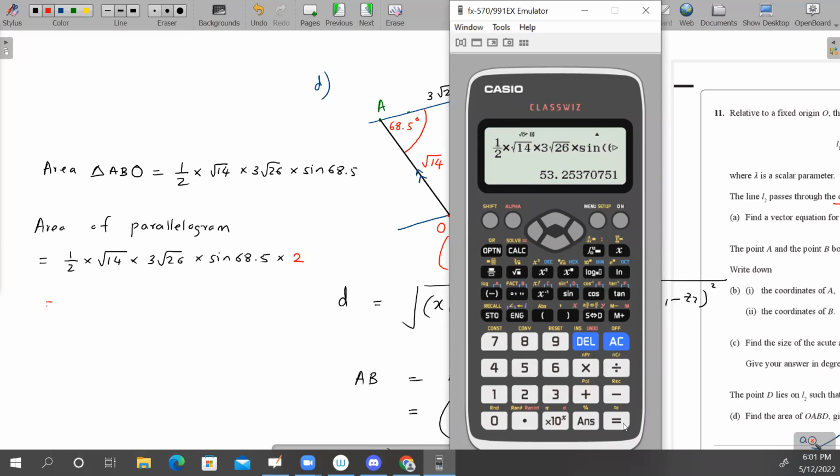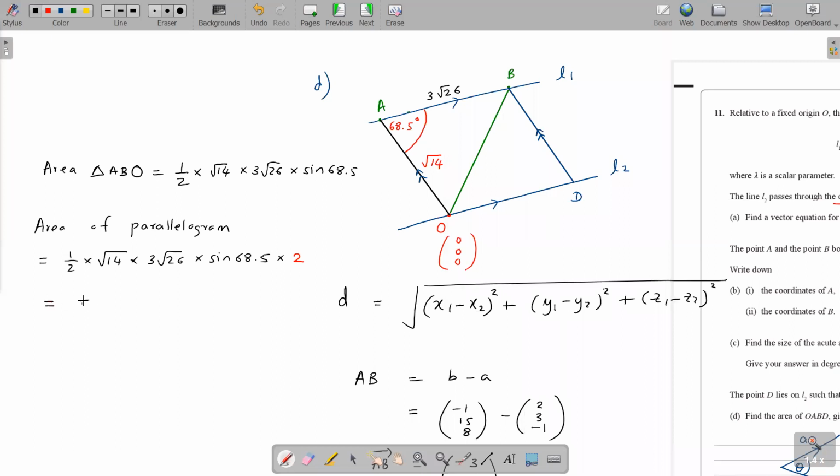When you round it off to the nearest integer, as they ask for the nearest whole number, that's going to be 53. 53 square units. So this is the area. You could just say the answer as 53. So the area is 53 square units.